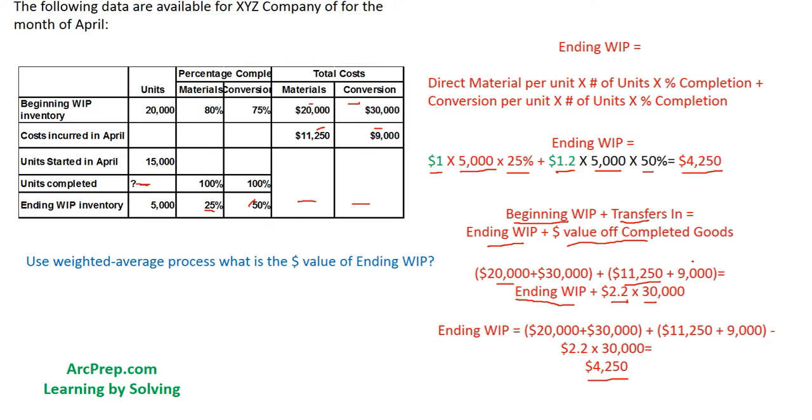You can do it both ways: as long as you know the dollar amounts for conversion and direct material, or you can look at the fundamental equation of managerial accounting and use it to calculate work in process ending inventory.